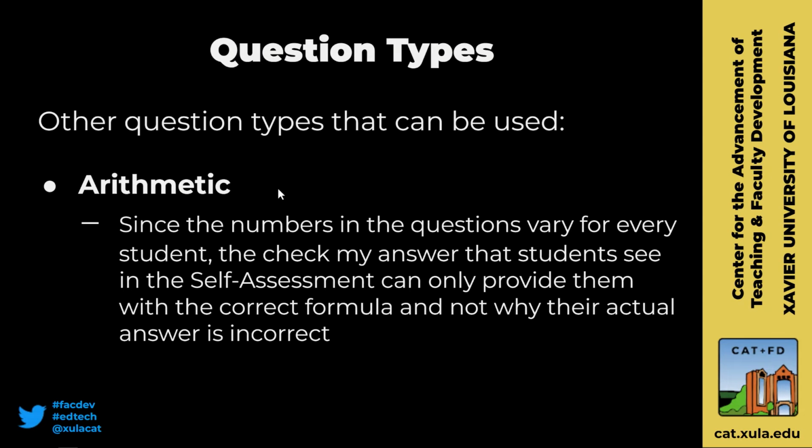If you use the arithmetic question type, as you know, the numbers that the students would get for the questions are going to vary. And so in the feedback, you can provide them with a correct formula, but you wouldn't be able to explain to them why their actual answer is incorrect.